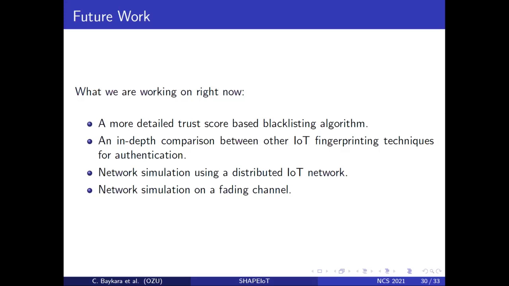We are currently making a comparison between the TLS fingerprinting techniques. And finally, we are also working on other network simulations, which use a distributed IoT network where there are multiple servers, and also a network simulation which includes channel fading, noise, and packet collision.